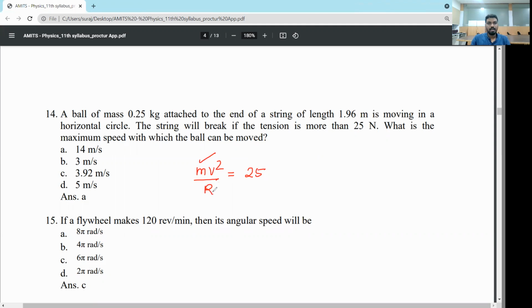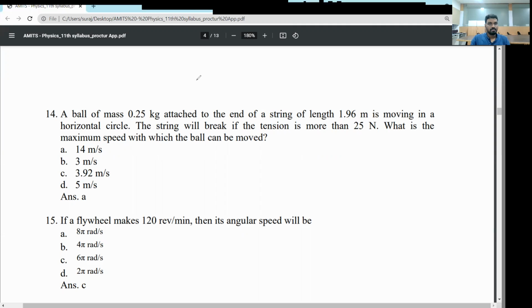Mass is given, r is given, you need to find v. In a horizontal circle, the centripetal force, which is tension, is mv square by r. You just need to find v. Fine, easy. Next question.